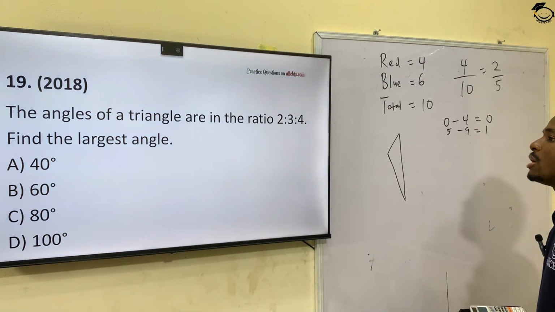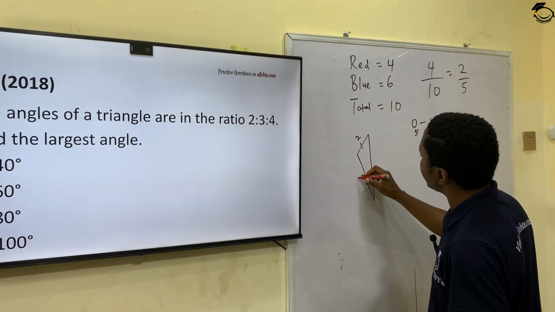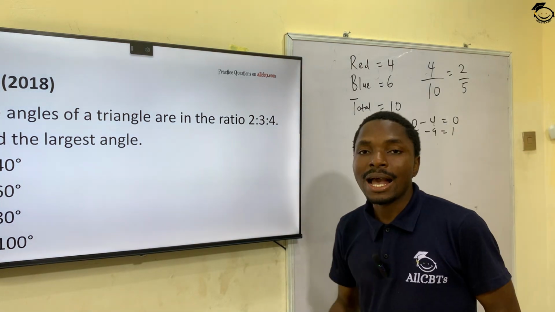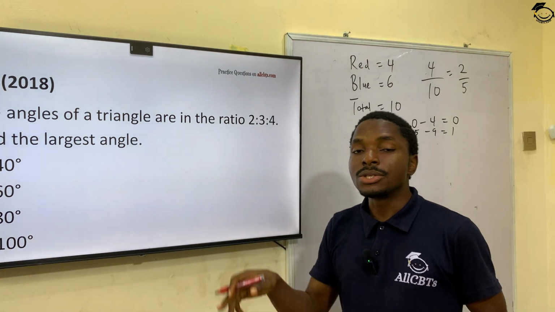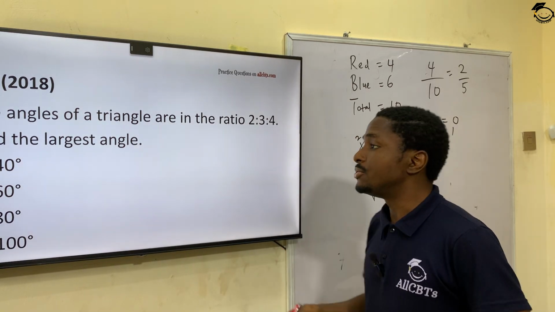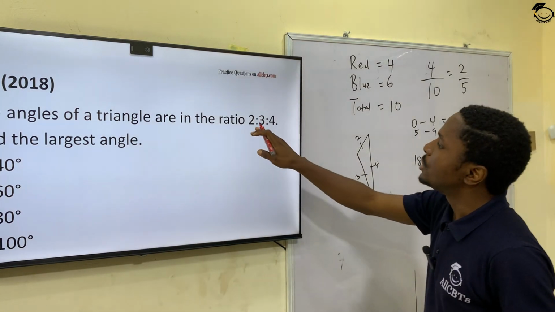So the angles of a triangle are in the ratio 2. Let's say this is 2, 3, and 4. Find the largest angle. And you have been taught that the sum of angles in a triangle is what? 180 degrees. So you have 180 degrees. Ratio 2, 3, 4.